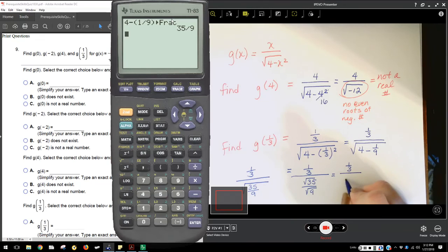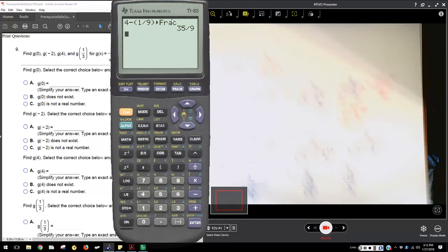So I now have the square root of 35, and the square root of 9 is 3. But the problem I'm running into here, and it's not one that I can't solve, is something you're going to have to remember how to deal with.